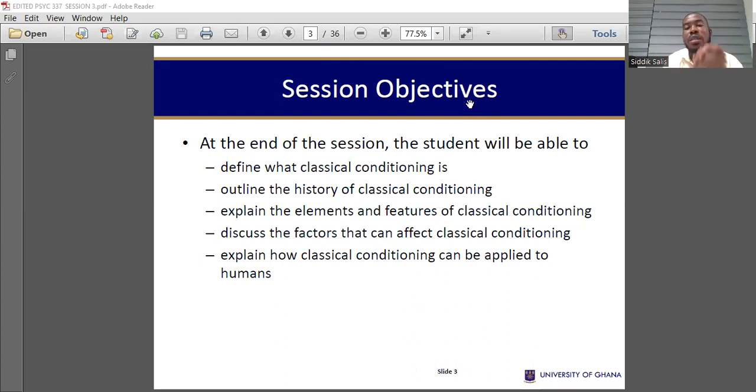Sometimes we deal with these things during our day-to-day activities, when we are ordering something online. Basically, that is what conditioning means. When you say classical conditioning, I've explained the compound word, classical and conditioning.